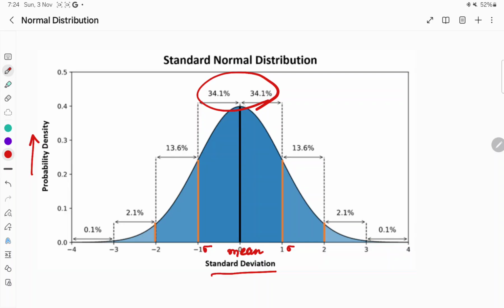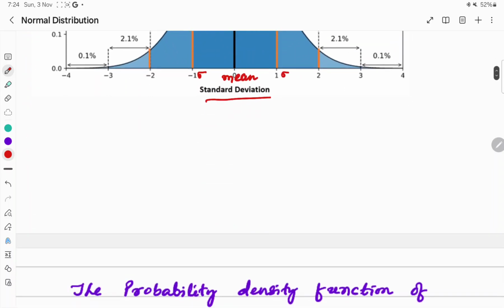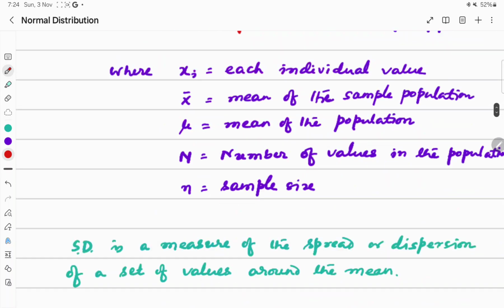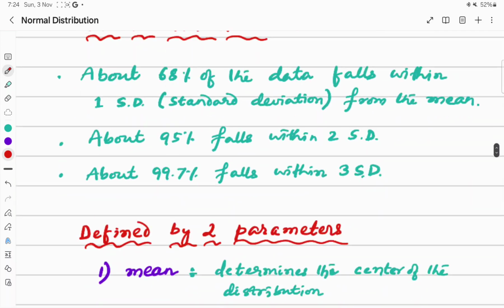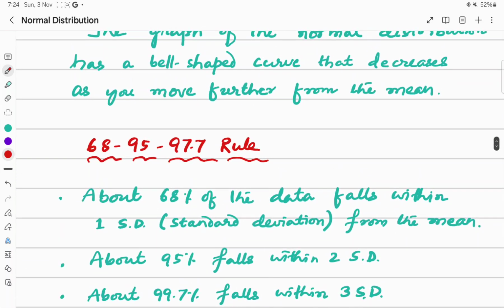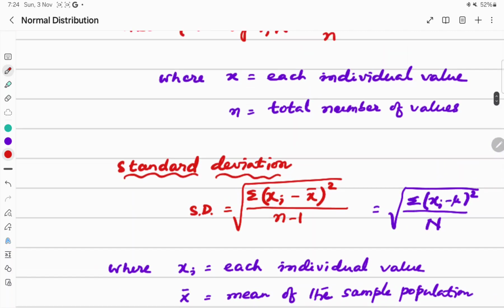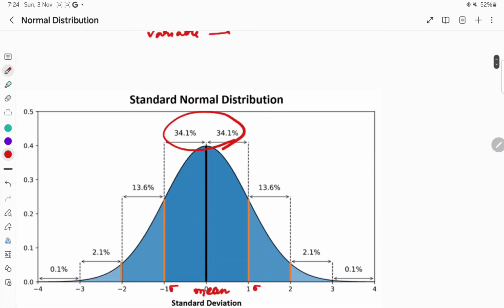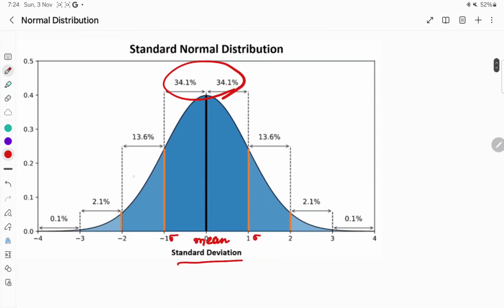And there is a rule, we call it the 68, 95, 99.7 rule, where 95% of data lies within 2 standard deviations from the mean, and 99.7% of data lies within 3 standard deviations of the mean.